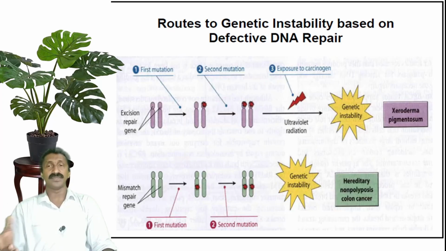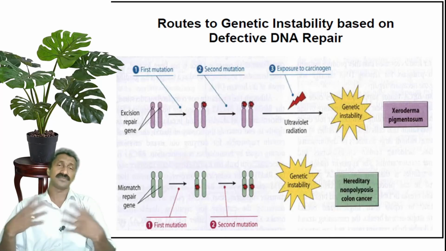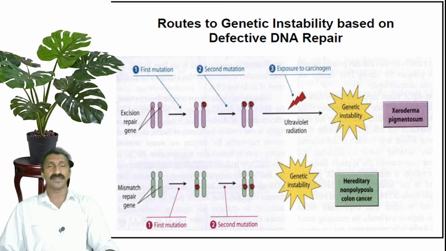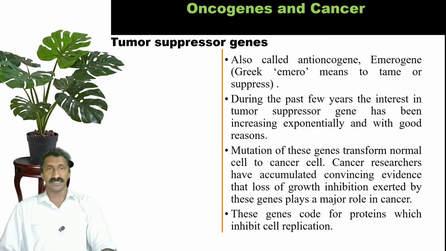But if any of the genes required for excision repair or mismatch repair is disabled, that results in genetic instability, so susceptibility of the cell to further mutations, and when it is further exposed to a carcinogen or a mutagen, the cells will be immediately affected, and that results in various types of cancer stage or disease.